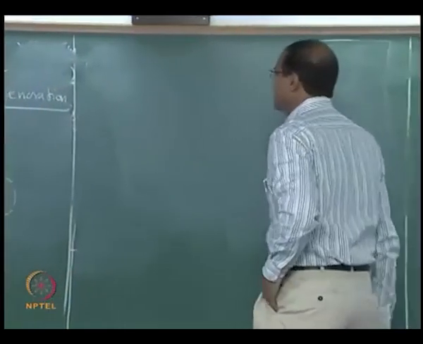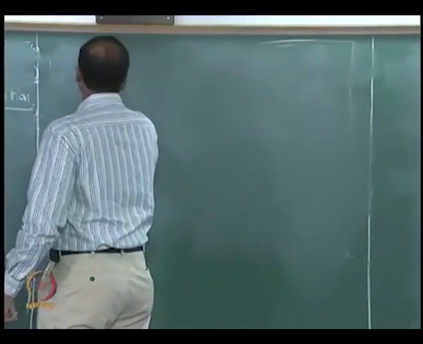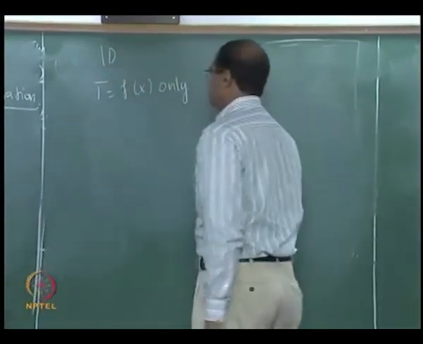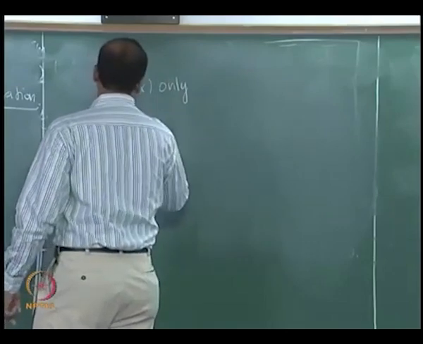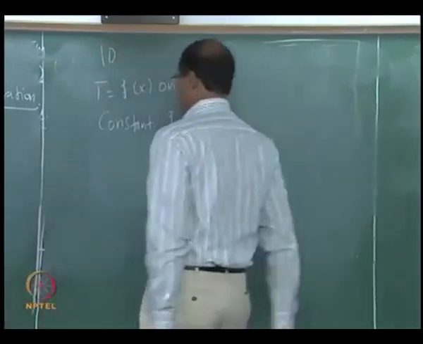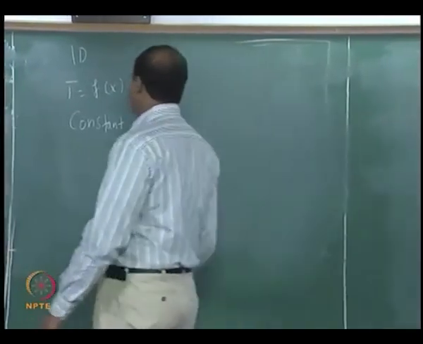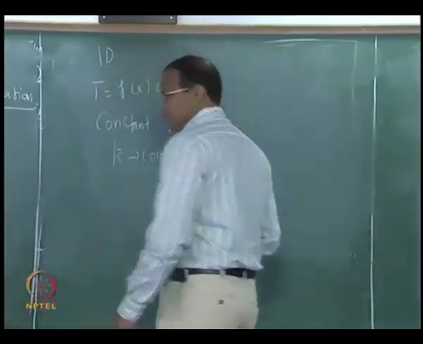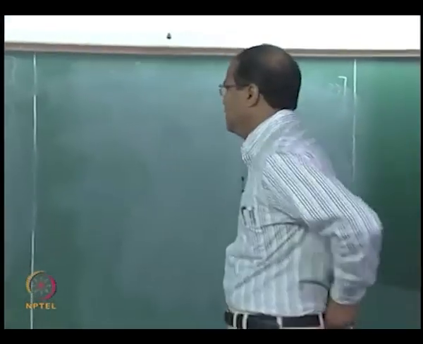Now let us do this. So this is 1D, T is a function of x, constant QV, then K is constant. Okay.